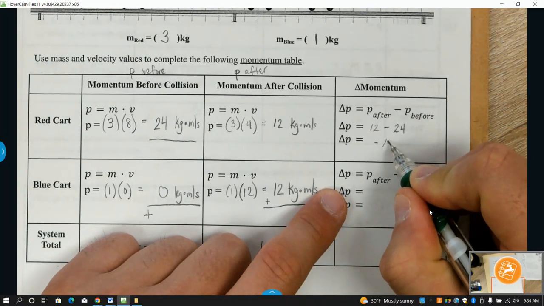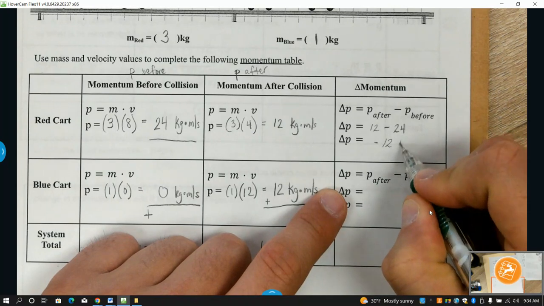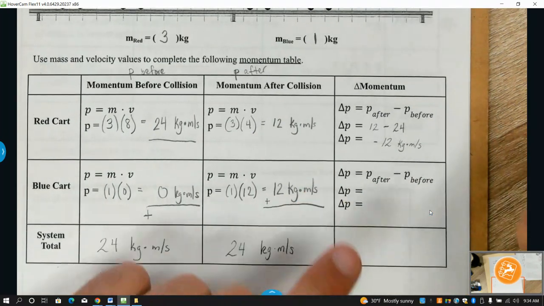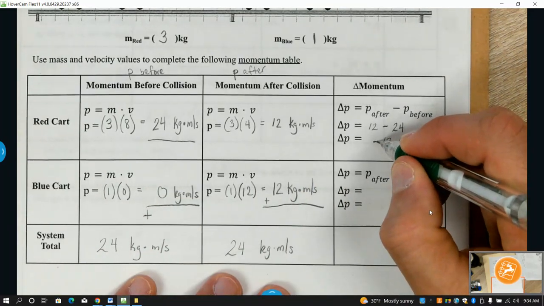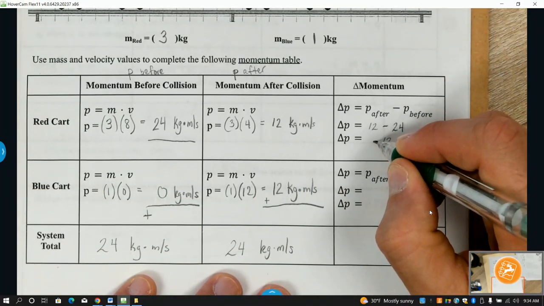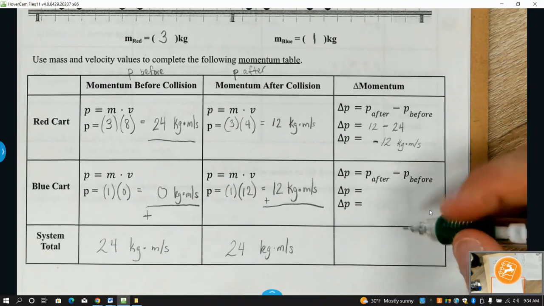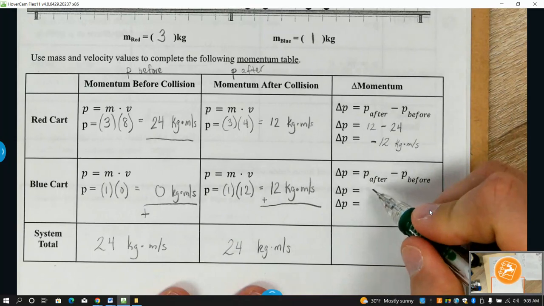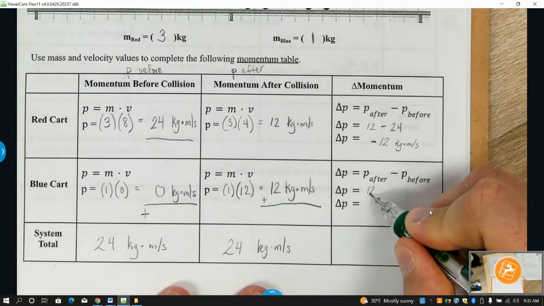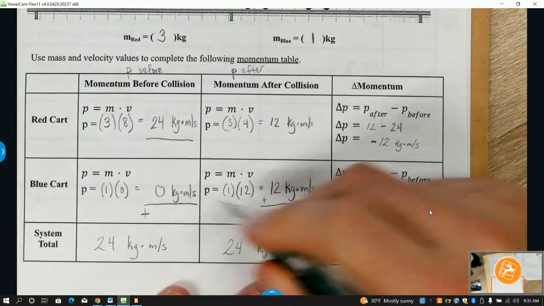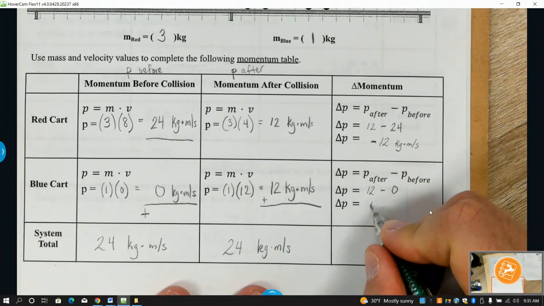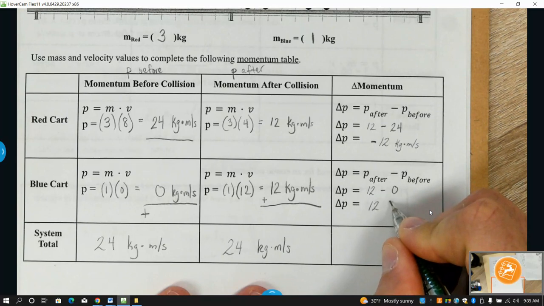That comes out to be a negative 12 kilogram meters per second. In the next situation, the after is 12, and the before was 0. 12 minus 0 is just 12, a positive 12.